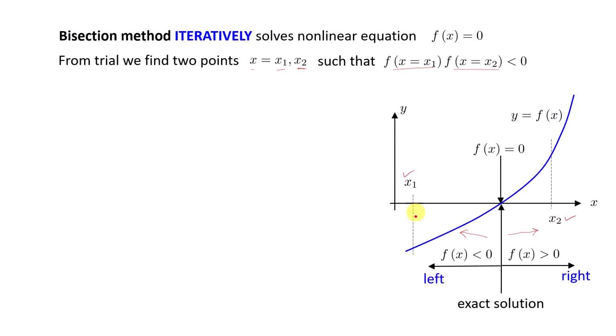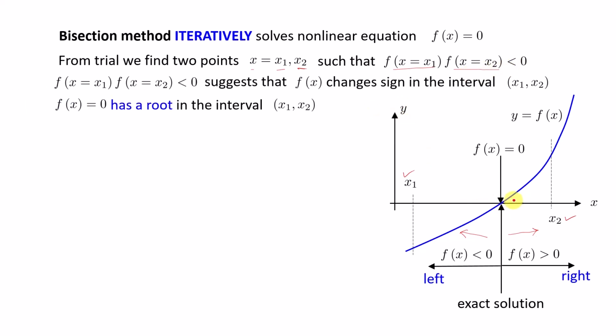That means f(x1) is negative, f(x2) is positive, so f(x1) multiplied by f(x2) is less than 0. We can try different values of x1 and x2 to get 2 points such that the condition f(x1) f(x2) less than 0 is satisfied.